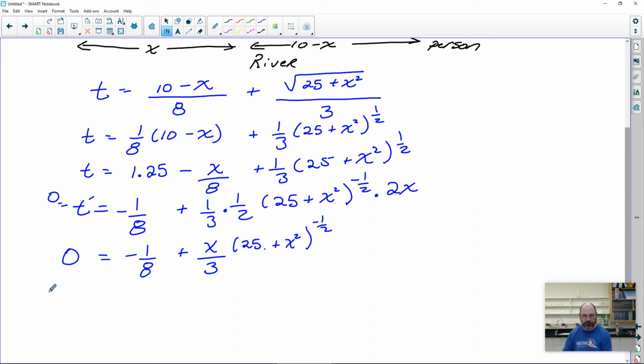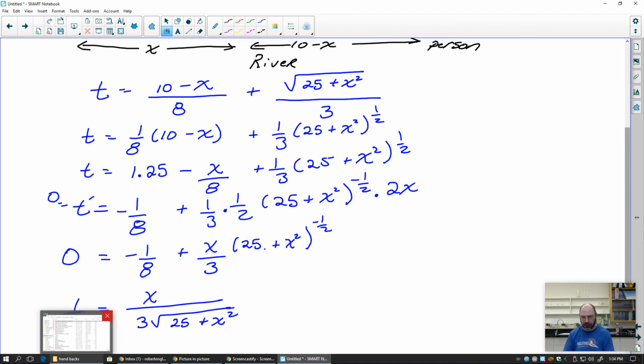So let's move this over to the other side. 1/8 equals, and let's do this by putting this on the bottom. We got x over 3 square root of 25 plus x squared. Okay, so now we can solve by cross multiplication here.